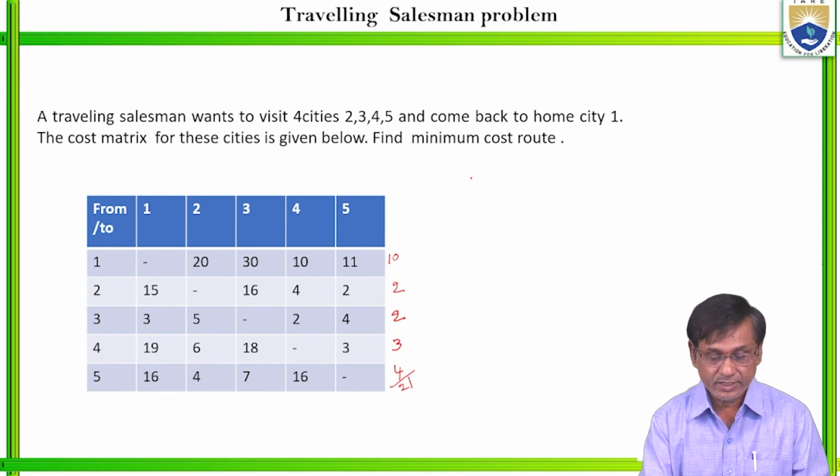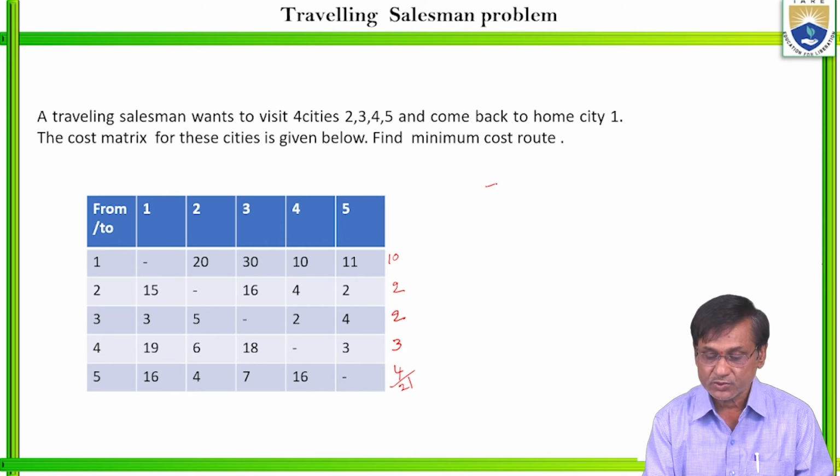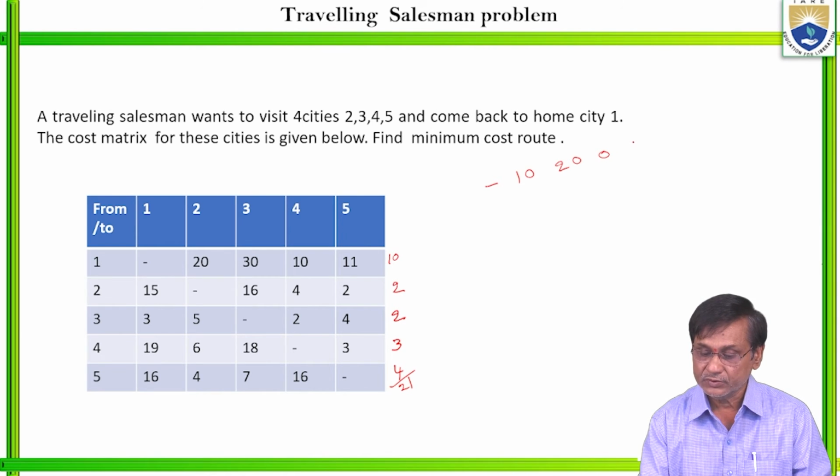So after that, you can get the values by subtracting this. The first one is dash, second one is 10, third one 30, fourth one 0, fifth one 1. So subtract 10, 10, 20, 0, 1. So in the second one, 15 minus 2, that is 13, dash, 14, 2, and then 0. Corresponding to the third row, lowest element is 2, this is 1, this is 3, this is dash, dash or infinity, both are same.